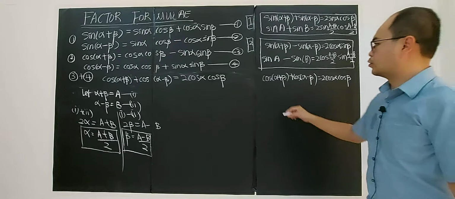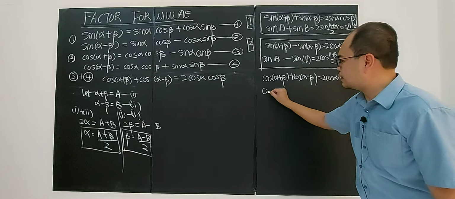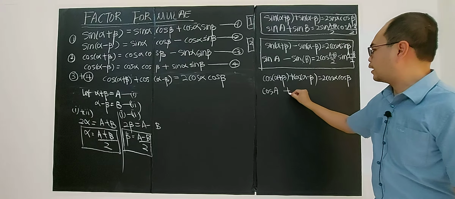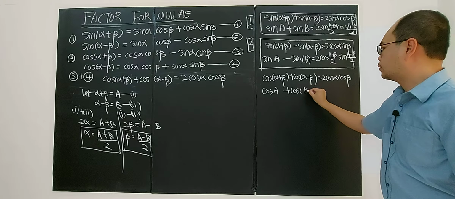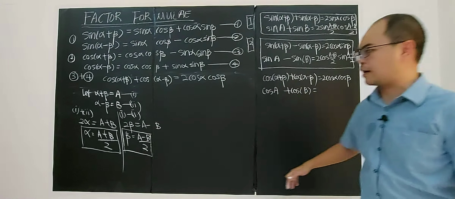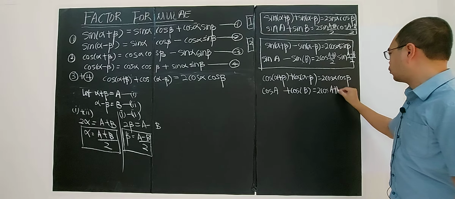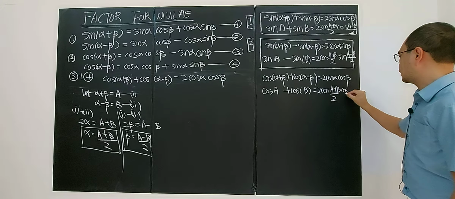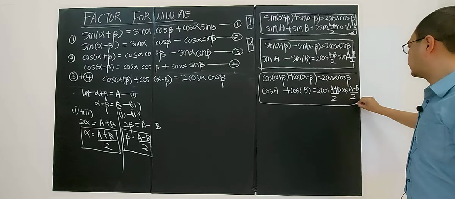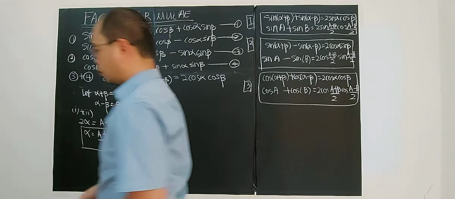This is the first form of this formula, and you can rewrite it by assuming alpha plus beta to be A and alpha minus beta to be B. When you solve the simultaneous equations, you get alpha and beta in terms of A and B, which gives cos A plus cos B equals 2 cos((A plus B) over 2) cos((A minus B) over 2). So this will be your third form.